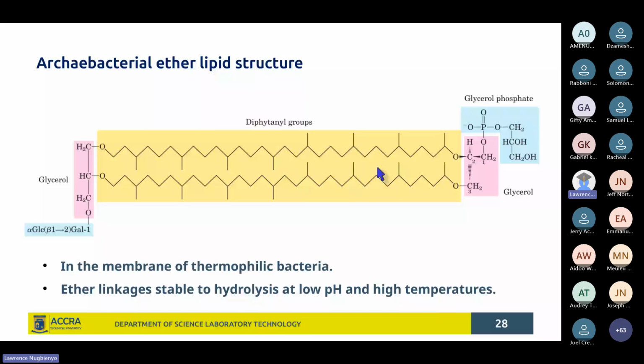On the second glycerol backbone on the right-hand side, you then will have a phosphate group, and then another glycerol that is bound on that phosphate group. That's a glycerol phosphate group which is bound on that. So it's a more complex structure, which is more difficult to break down. That is to say that the melting point of this structure is much, much, much higher, which gives the bacteria such protection in such high temperatures and at such low pH conditions, acidic conditions.